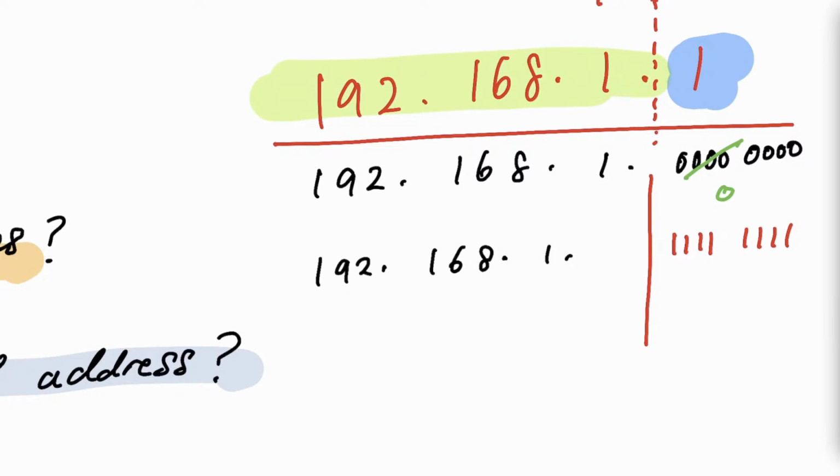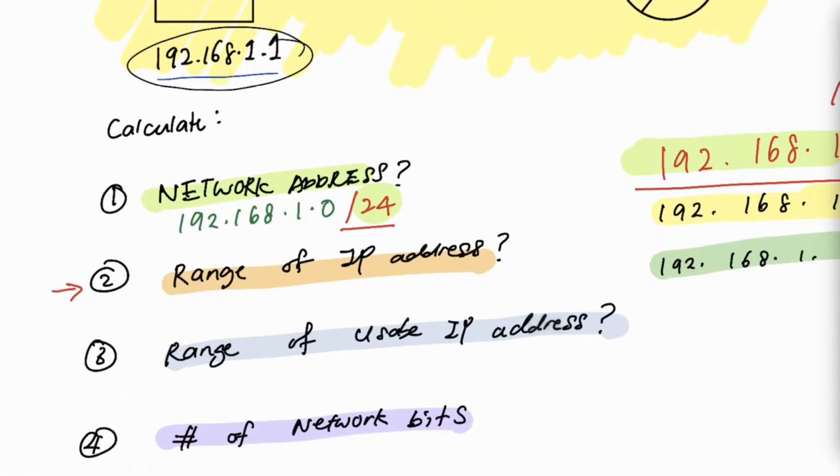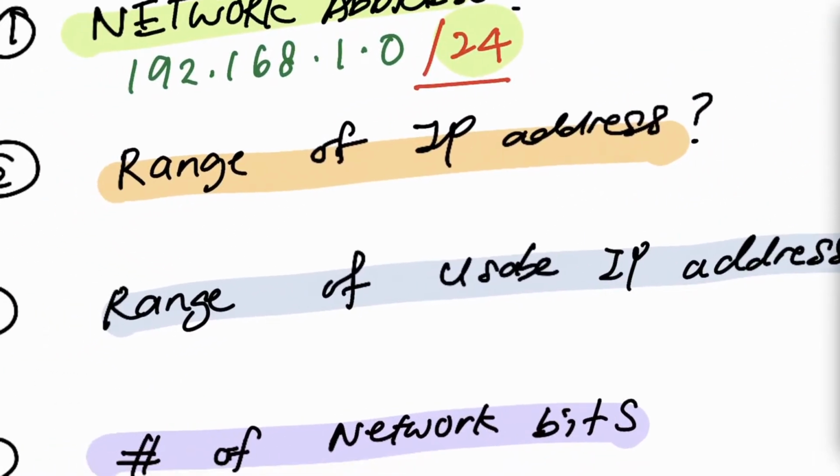So this is your network address. This is your broadcast address. Okay. Now, of course, again, it's always a good idea to write them in decimal. So this one is actually a 255. Alright. So now, the answer for this one is two answers.